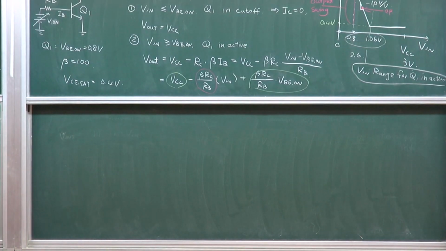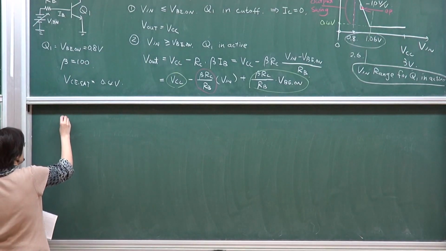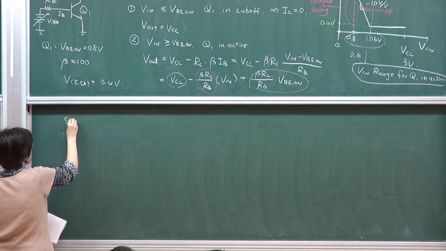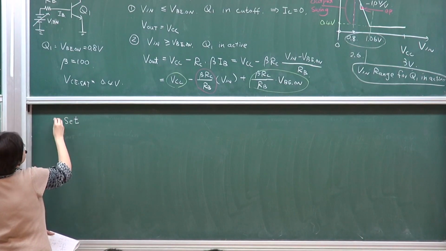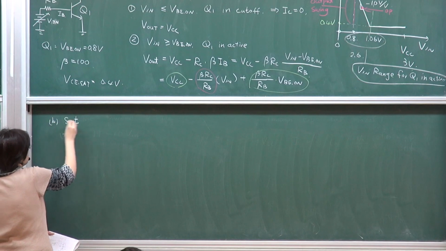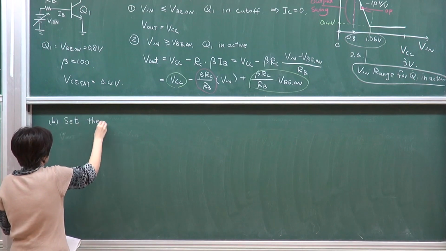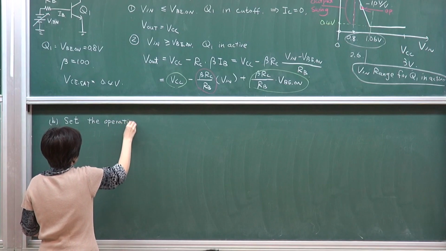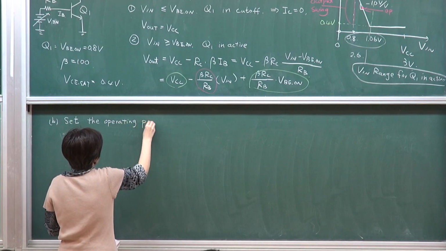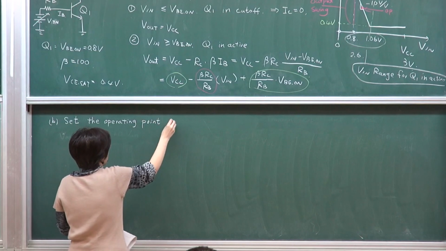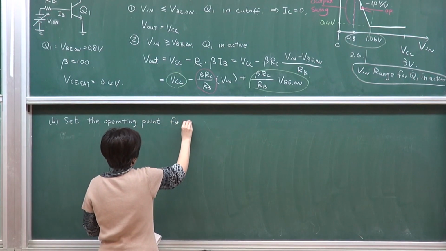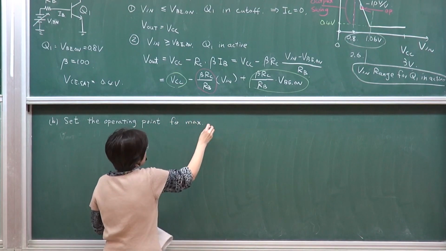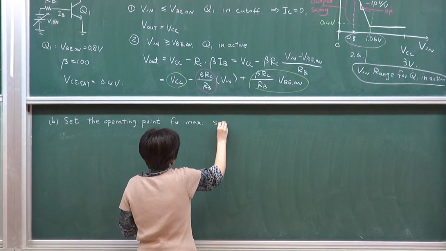If I'm revising the question, part B says set the operating point for maximum output swing.